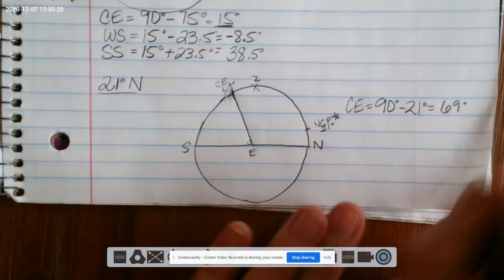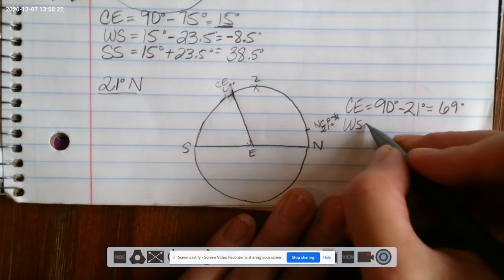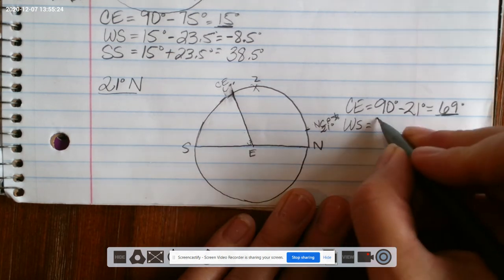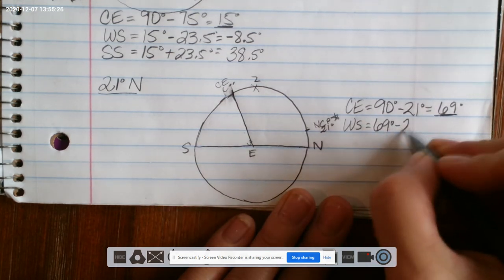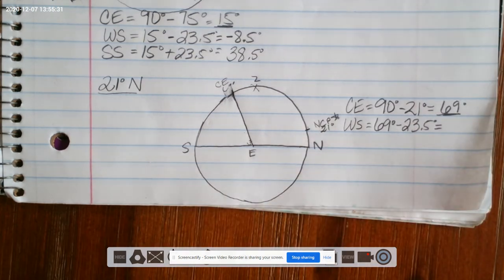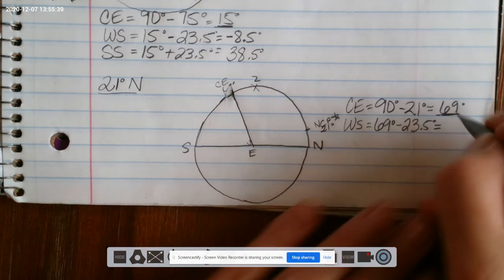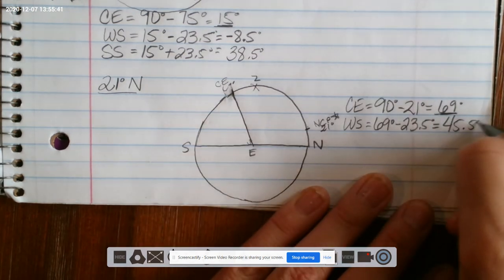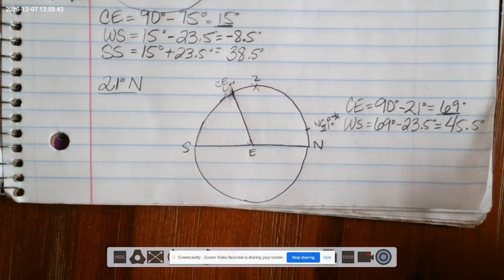I'm going to get my winter solstice first. I'm going to take my CE, my celestial equator, which is 69 degrees, minus the 23.5 degree tilt. So 69 minus 23.5 is going to be 45.5 degrees. So that means I'm going to go somewhere.